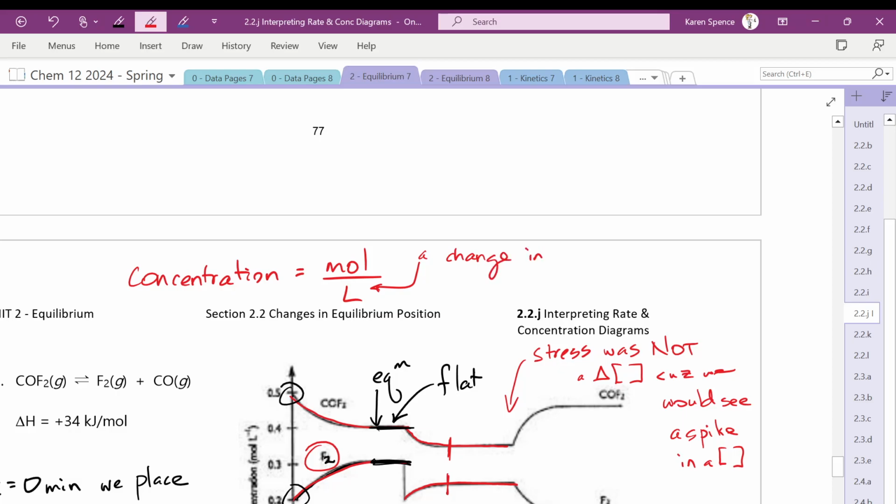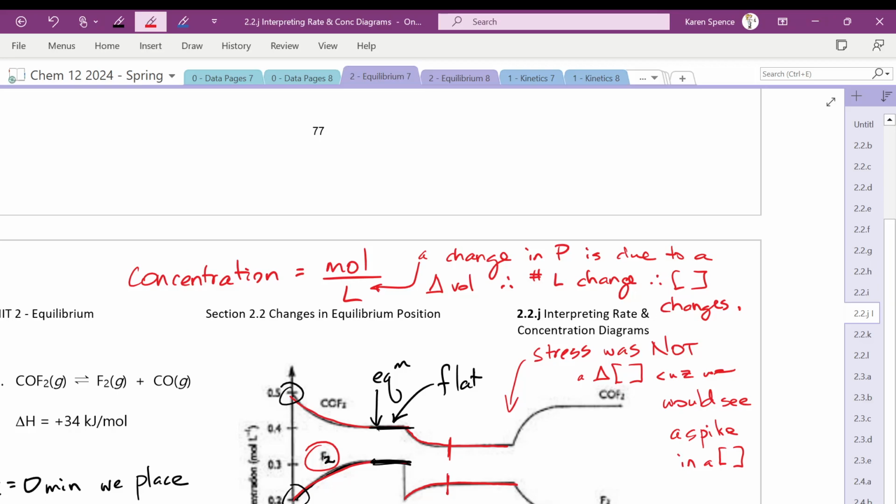A change in pressure is due to a change in volume. Therefore, the number of liters change. Therefore, concentration changes. So what should you see on a diagram if we have changed the pressure?